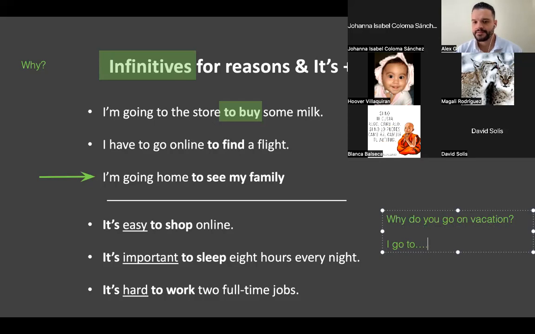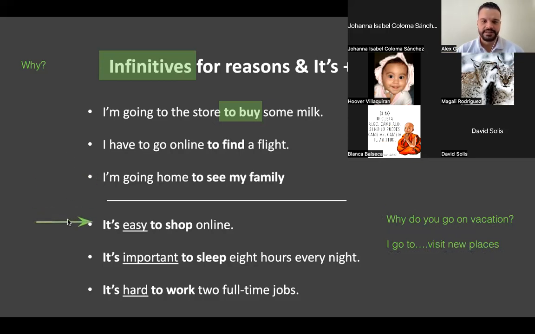I go to meet new places. Instead of meet, let's use visit, right? Because remember, meet is like, hi Blanca, my name is Alex. Nice to meet you. So because it's a place, we're going to use visit, okay? To visit new places. Excellent. All right, let's continue.